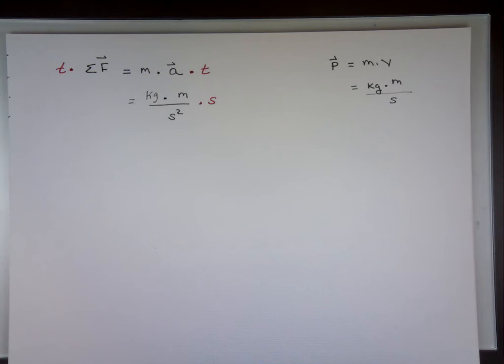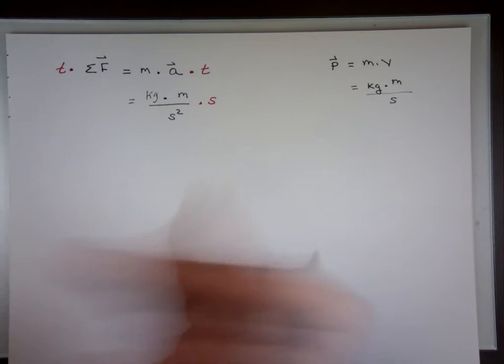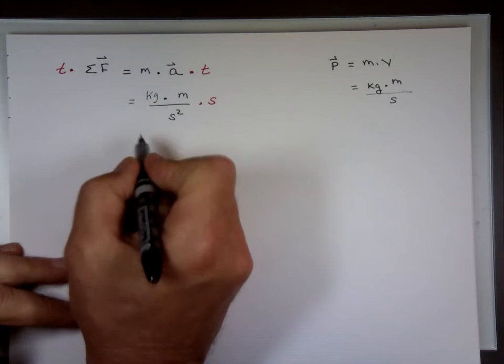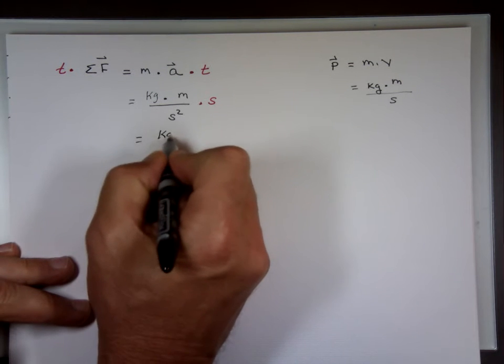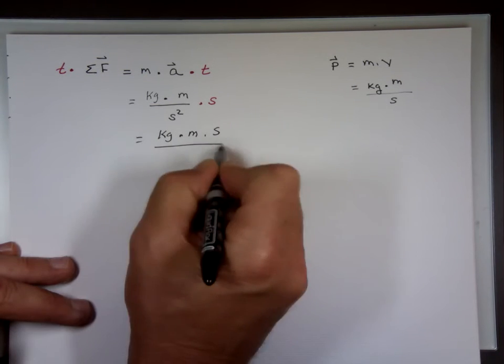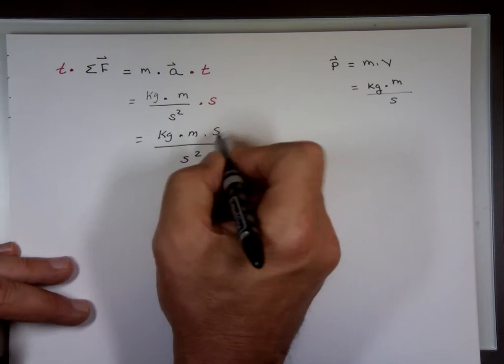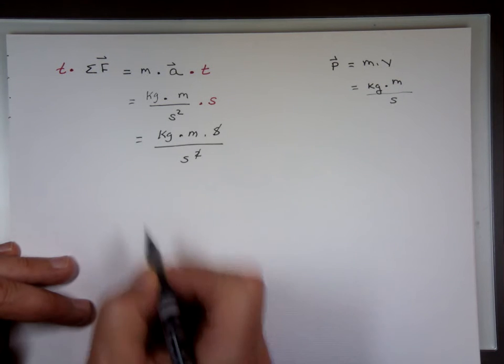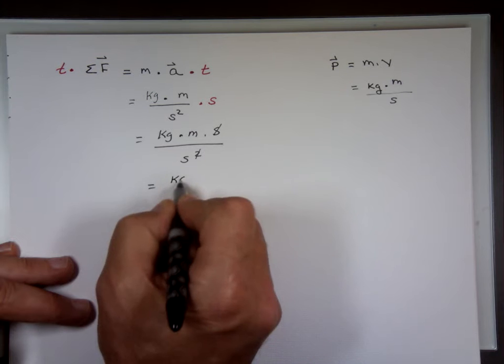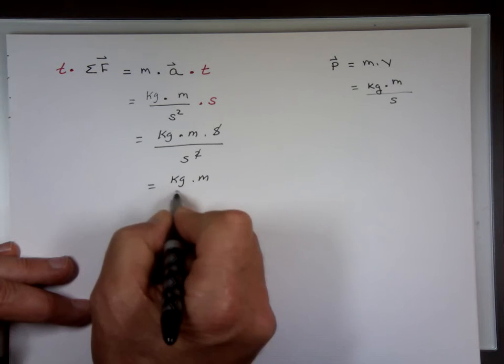Let's do some algebra on that. So the units for this becomes what? Kilogram times meter times second over second squared. Well, one of these seconds will cancel this one, because there's two of them in the bottom, and you end up with what? Kilogram times meter divided by what? Second. Isn't that the same as this?